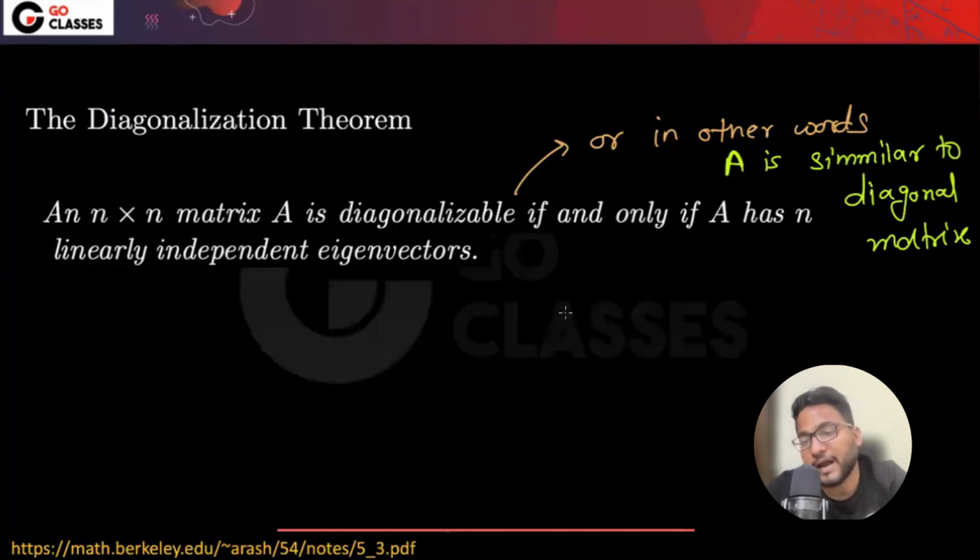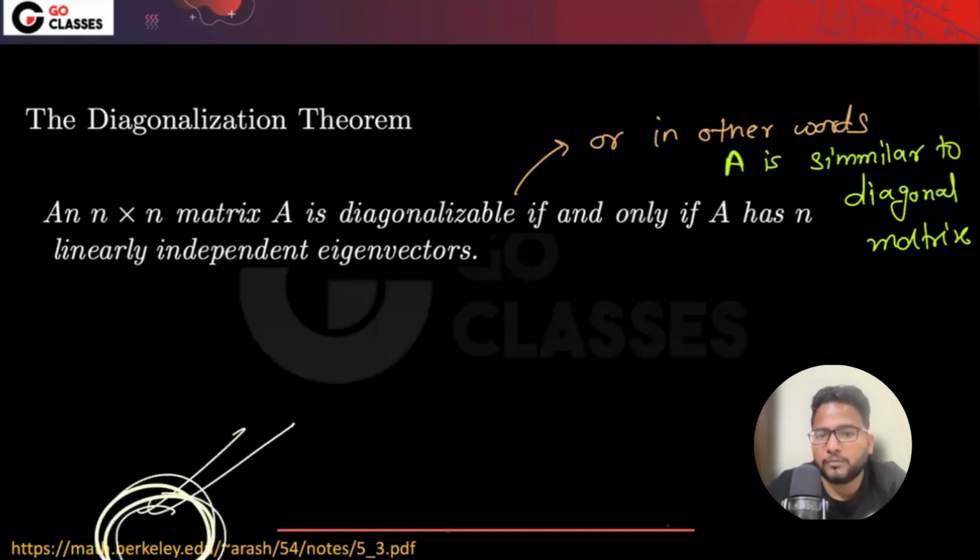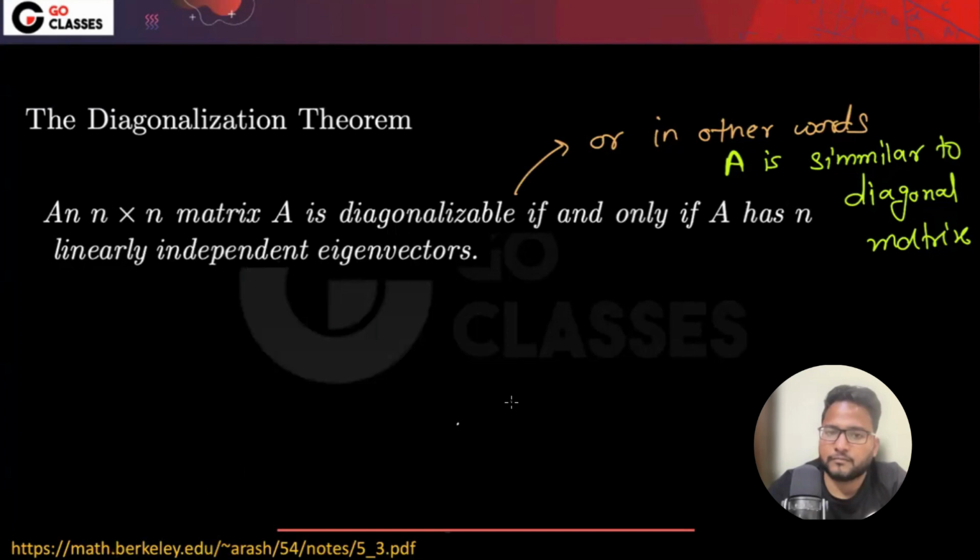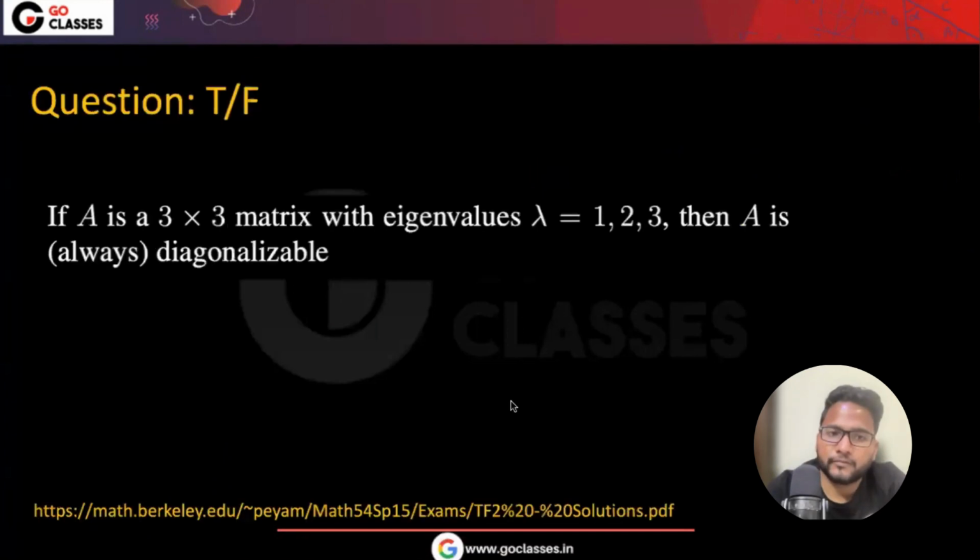If it has n linearly independent eigenvectors, then it is diagonalizable. I have taken this theorem from Berkeley University. So let's see these questions. Tell me whether this is true or false.